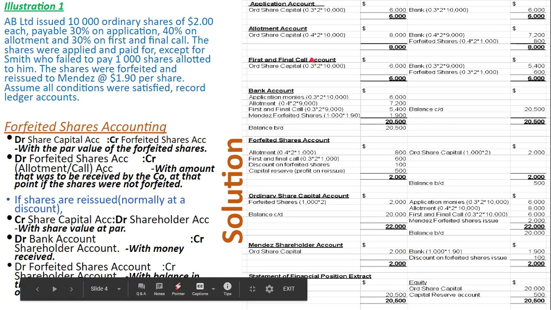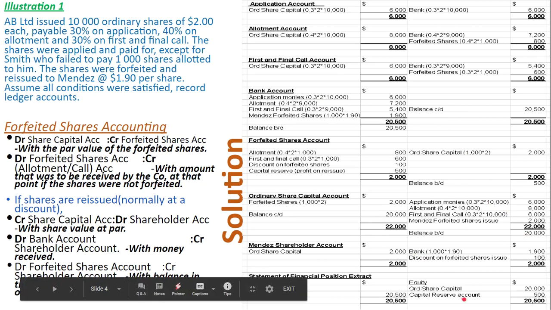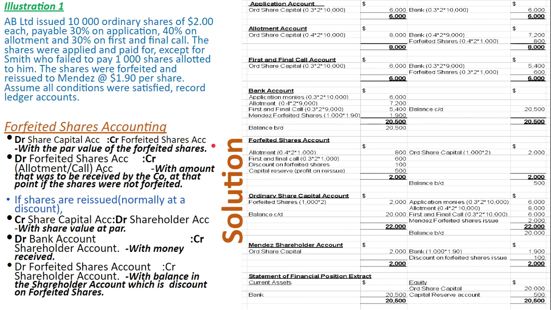Therefore, we need to prepare a statement of financial position extract where on the debit side we have current assets with the bank. On the equity side, the credit side, we have ordinary share capital of 20,000 and capital reserve of $500. So there we are with the simplest forfeited shares accounting.